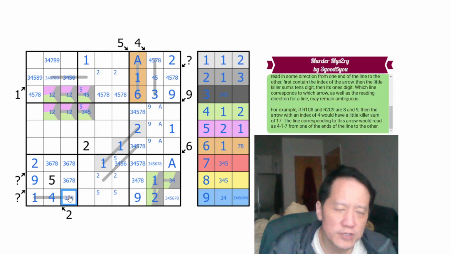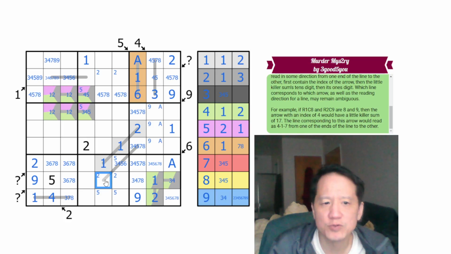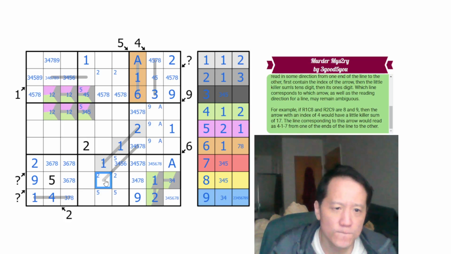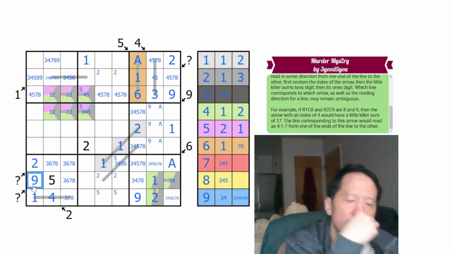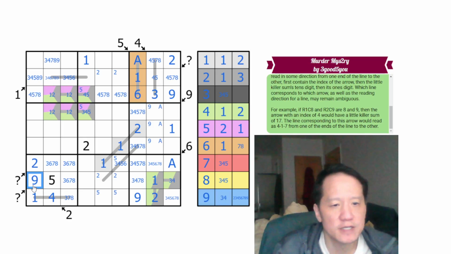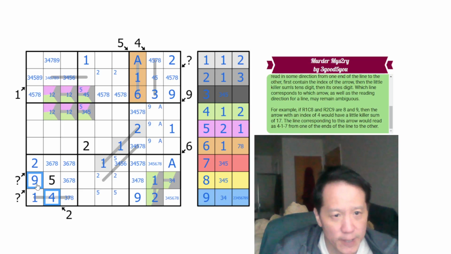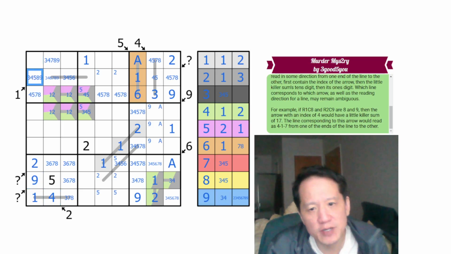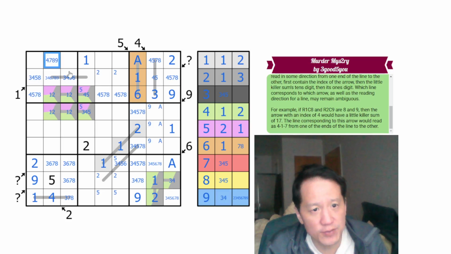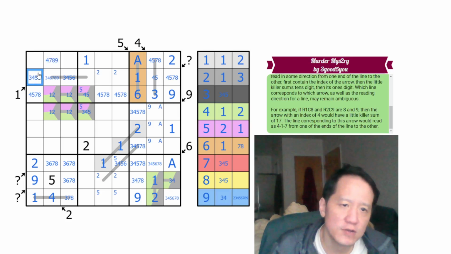So either 3, 7, or 8 is equal to 41, but we don't know which one that is. So this is a 9. Add up to 13, because it can't be 12. This can't be 9, which means this cannot be 3 to add up to 12.